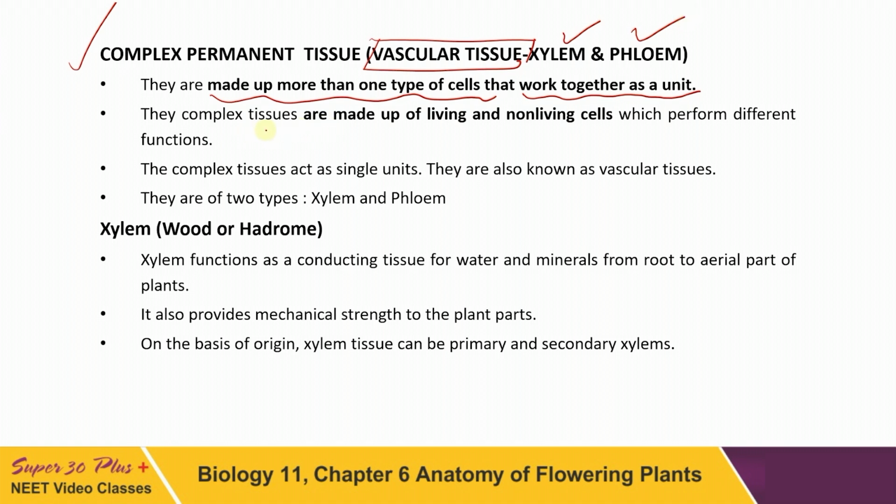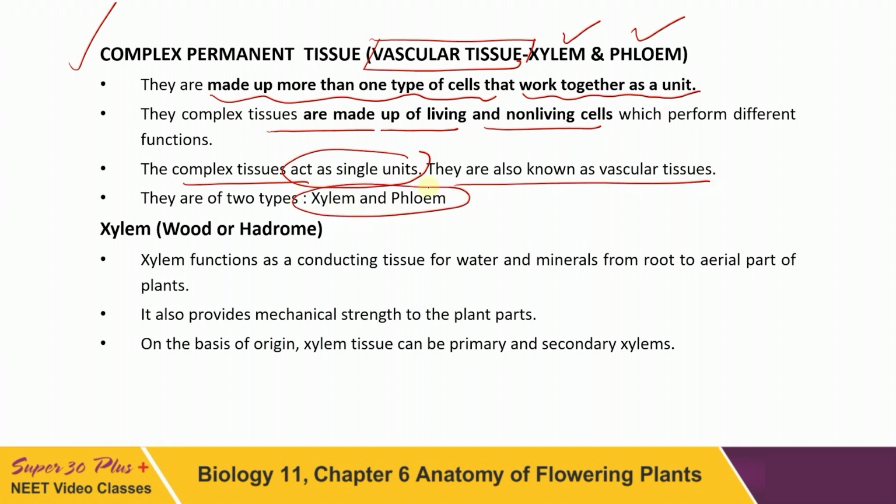Very important: complex tissue may have living cells as well as non-living cells. It is a group of living and non-living cells. Complex tissue acts as a single unit, either xylem or phloem, and is also known as vascular tissue. Two types I told you, xylem and phloem.